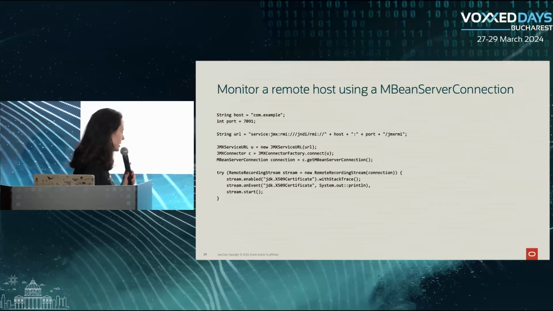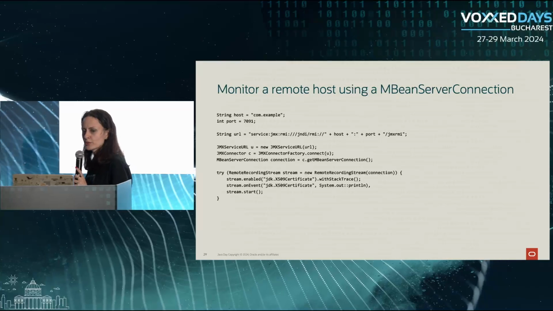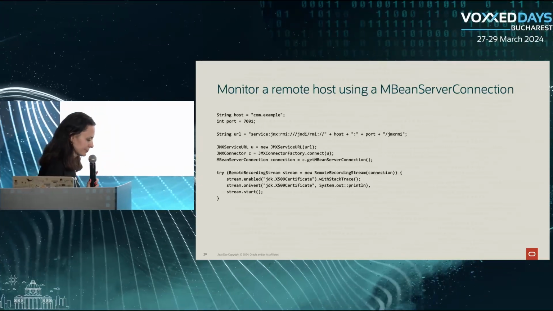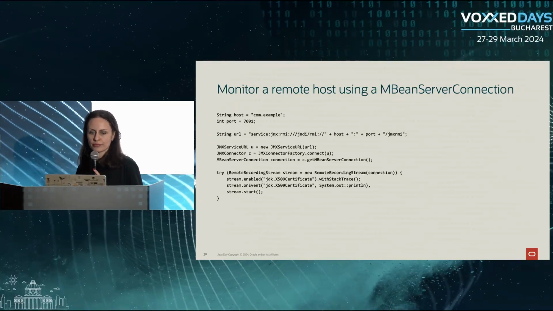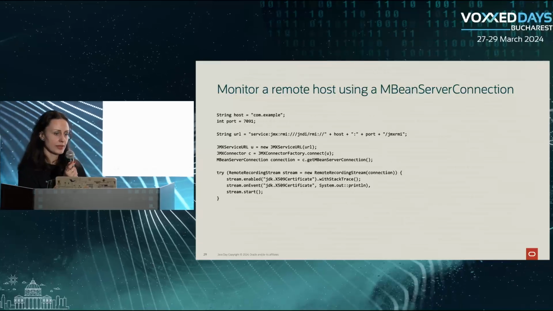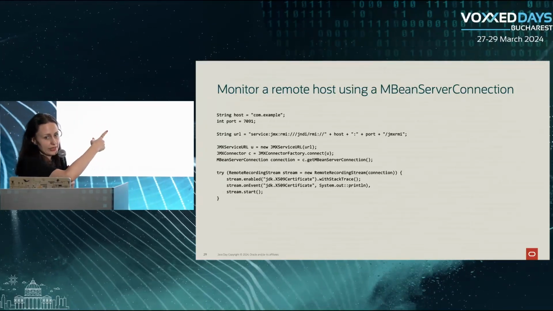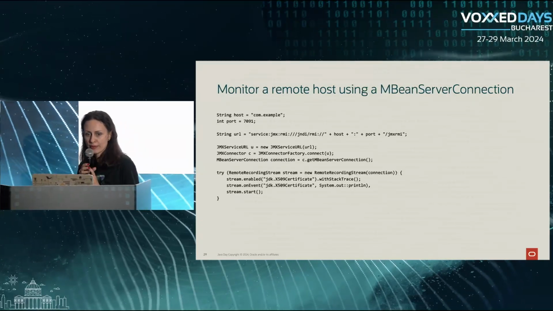So, thinking about monitoring a remote host. To monitor programmatically, I had my application JMX enabled, right? So I don't even have to think about starting the flight recorder with the -XX options. I can write another piece of code like this one and connect to that application programmatically and get the events from it without having the flight recorder enabled.